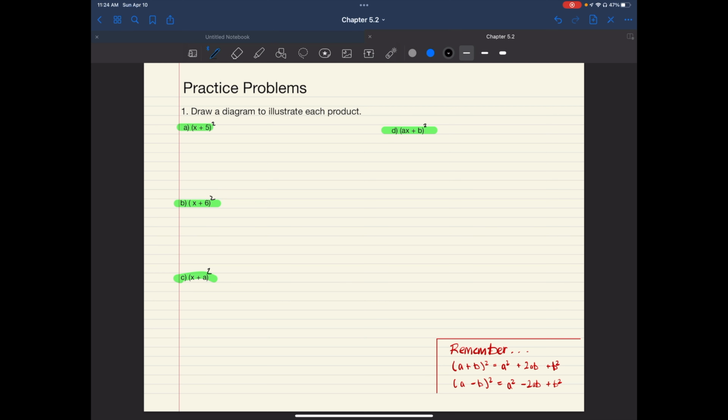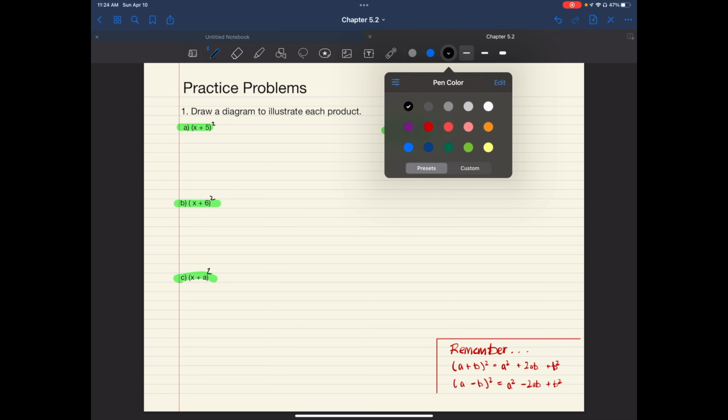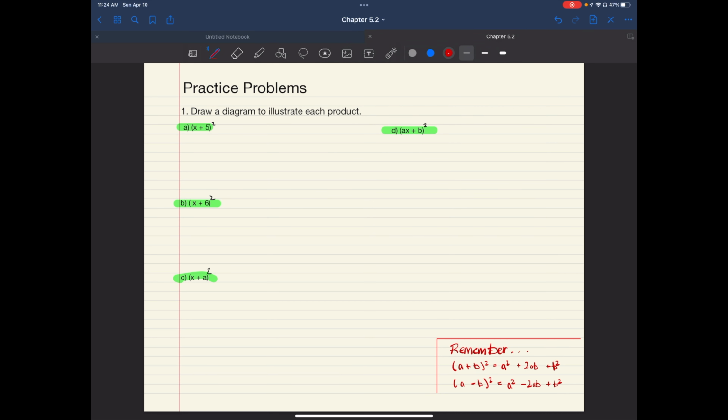Okay, so 1A, draw a diagram to illustrate each product. Remember, this is a diagram, not the algebra tiles. So we're going to have an x squared term here, right? Then we're going to have a 5x term here.